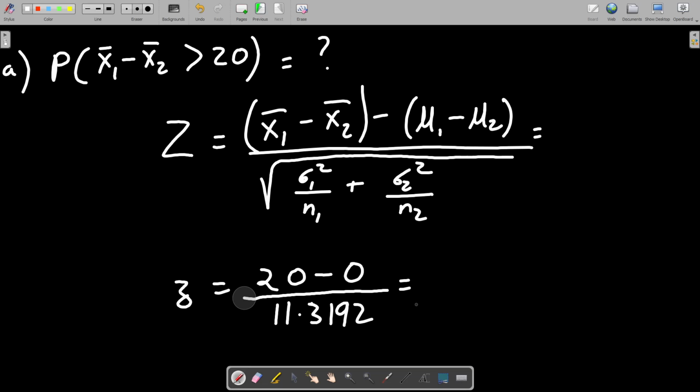Okay, so 20 divided by 11.3192 is 1.76. So this rounds up to 1.77 now.